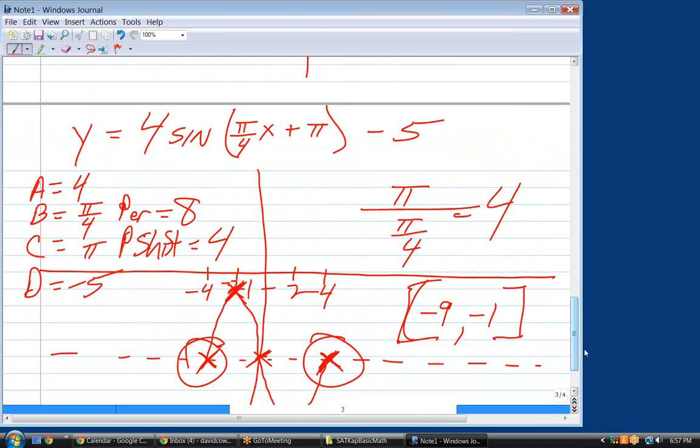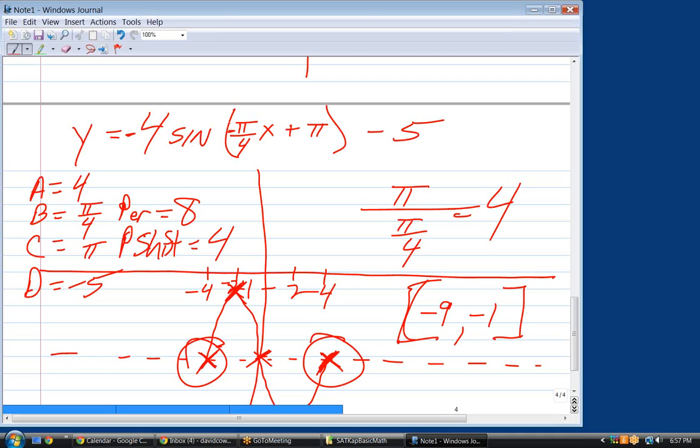I suspect that might be the last one, because that one incorporates all 4 things. You can actually have 6 things going on, because I could put a negative sign in front of that, and I could put a negative sign in front of that. Then you would have to account for a reflection over the x-axis and a reflection over the y-axis.